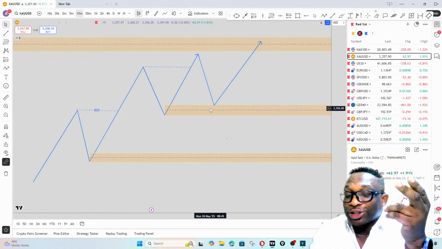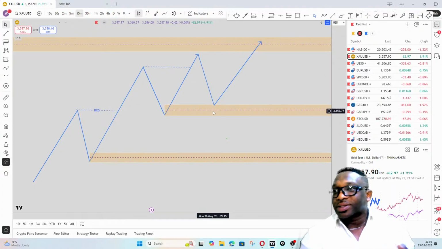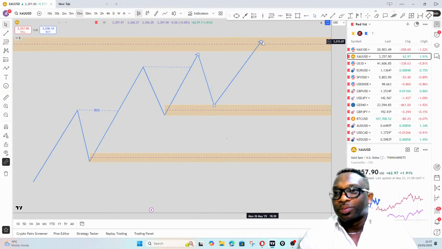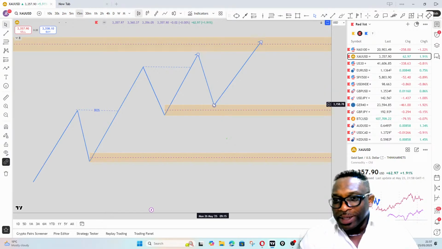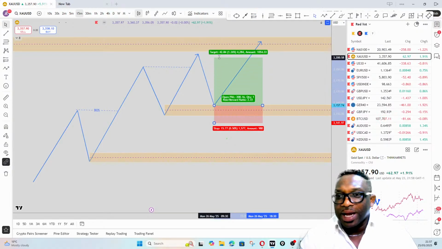It shouldn't kick you off balance, because if you already accepted the risk, getting hit on your stop loss shouldn't kick you off balance. Price can only either take you out on your stop loss or push to your take profit. So once you enter here, your take profit is right here, at the previous high.